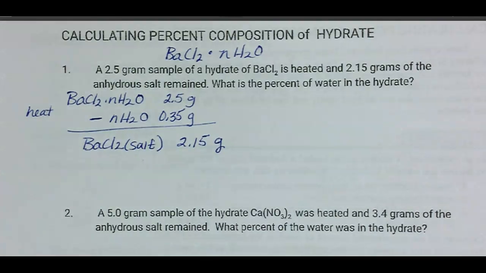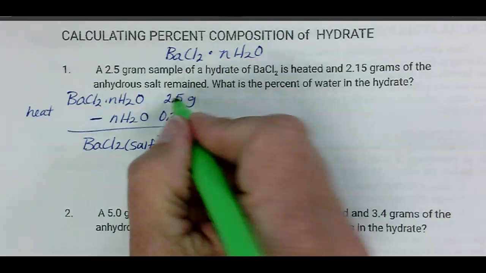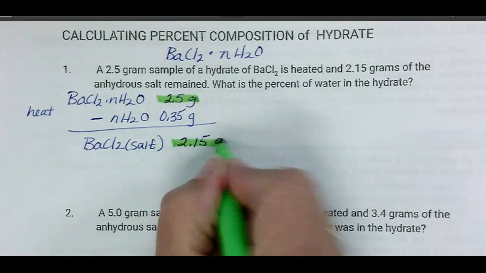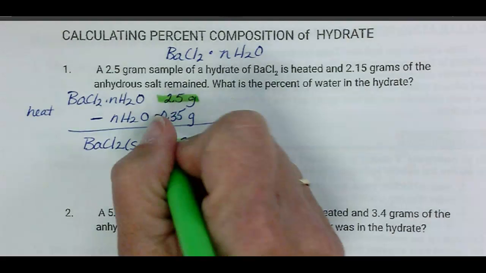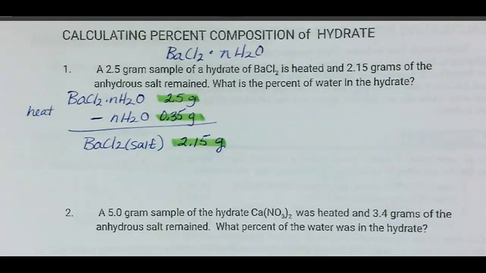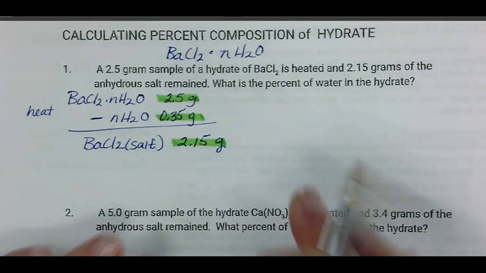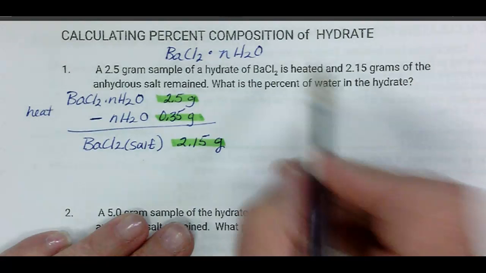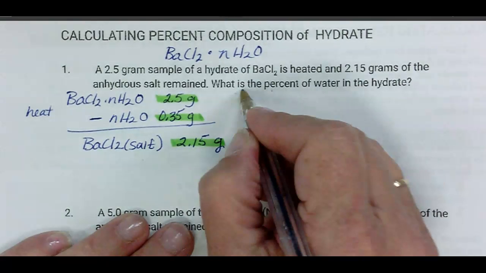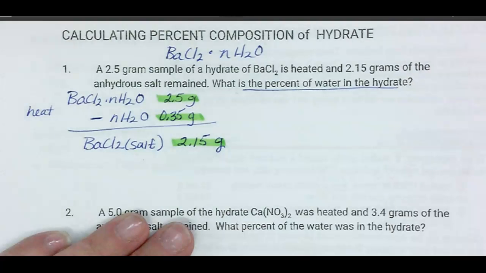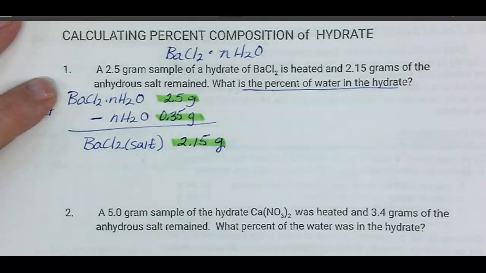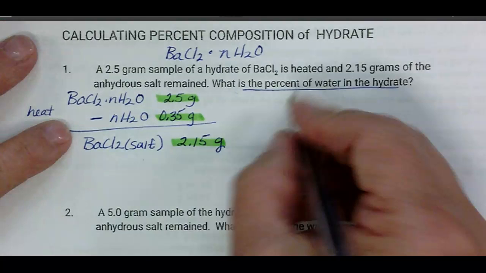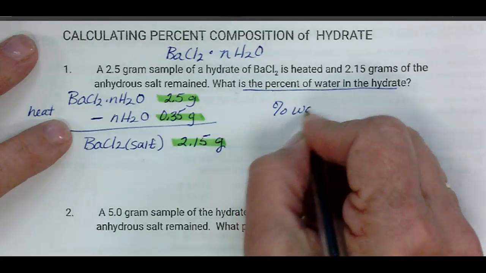Hopefully you realize that you just needed to subtract the 2.5 and the 2.15, and we get 0.35 grams of water we lost. Now, the next thing it wants to know is, what is the percent of water of the hydrate? It doesn't say what's the percent of salt or the whole thing. It wants to know what percent is water.